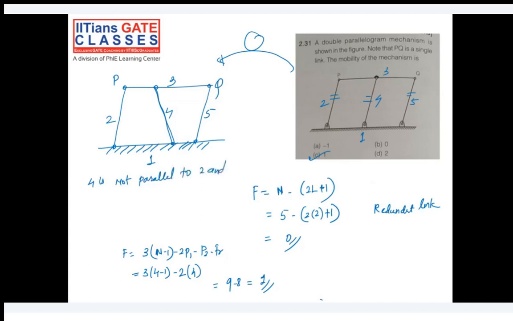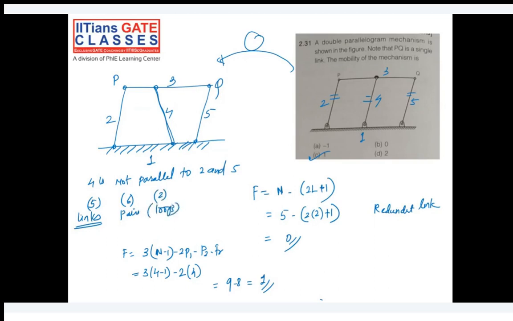So what is happening because of it? How many links are there here? You have 5 links, 6 turning pairs, and 2 loops, correct?